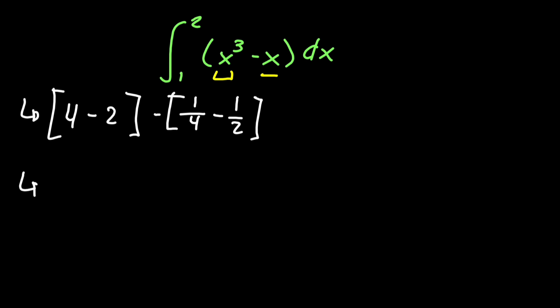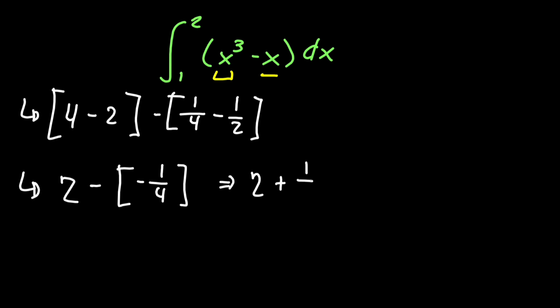So 4 minus 2 would be equal to 2. And 1/4 minus 1/2 would be equal to negative 1/4. And so 2 plus 1 over 4, which makes this 9 over 4.